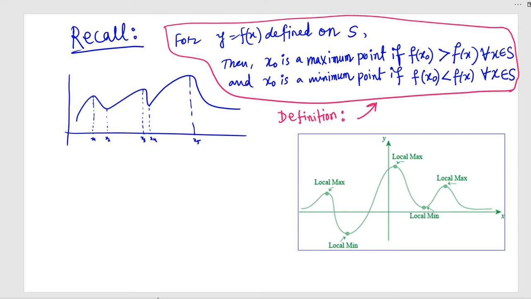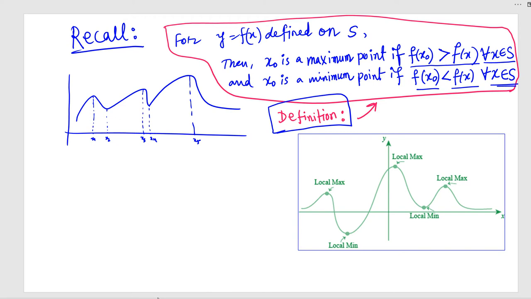So just to recall, what is the meaning of the definition? If you follow the definition of a maximum point, then x naught is said to be a maximum point if it satisfies this relation, that f of x naught will be greater than f of x for all the x values. Similarly, it is said to be a minimum point if f of x naught is less than f of x for all x belonging to the domain.